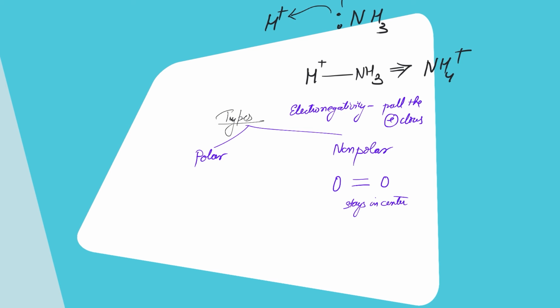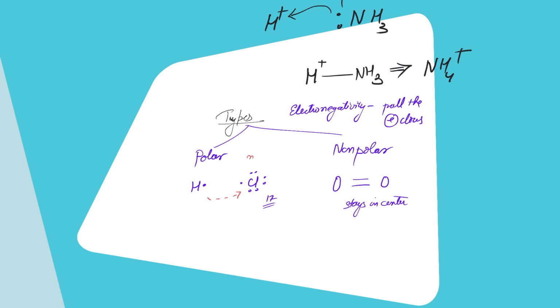But if you talk about something else, for example, hydrogen and chlorine. Now chlorine and hydrogen, so chlorine has 7. If you remember, 17 is the number of electrons. So they will enter into a bond, obviously, but the electron cloud would be pulled towards chlorine more.